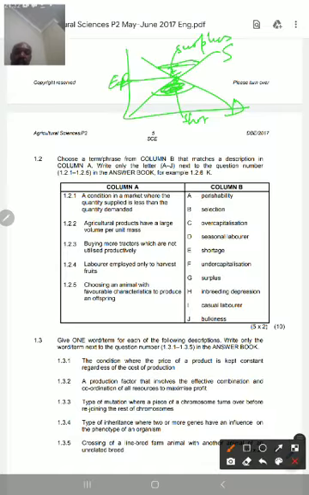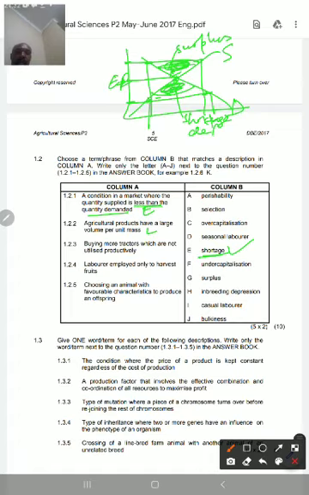But in this case, they say the quantity supplied is less than the quantity demanded. At a higher price, there's less demand but more supply. But at a lower price, there's less supply and more demand. So it means this gap here is a shortage. So it means it's this one, E.